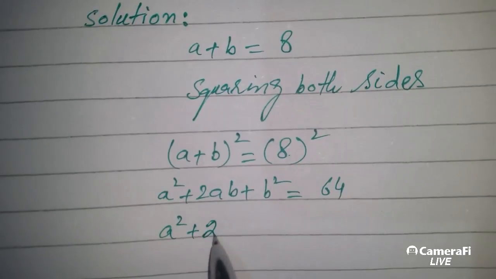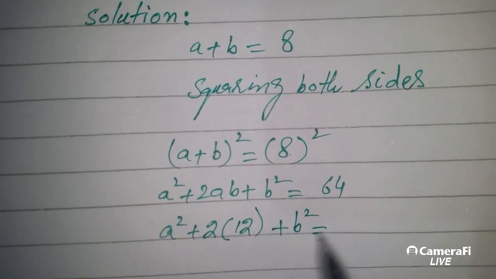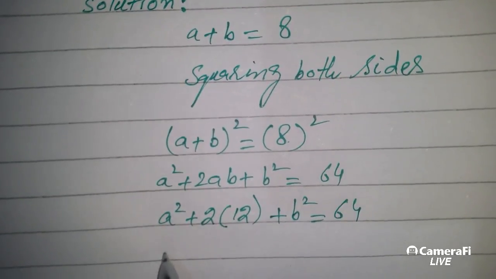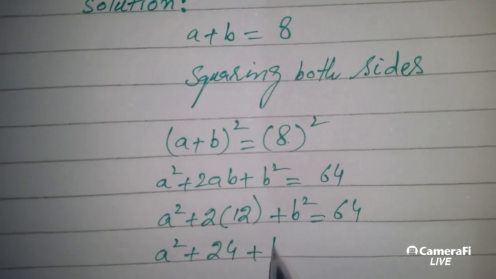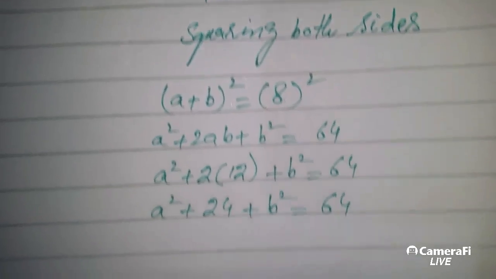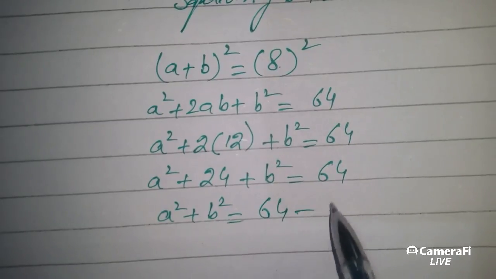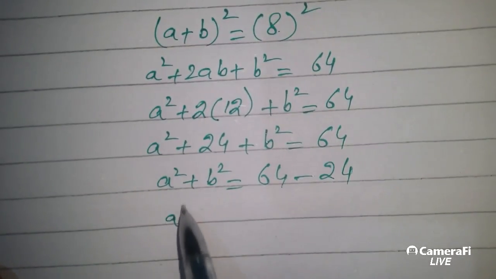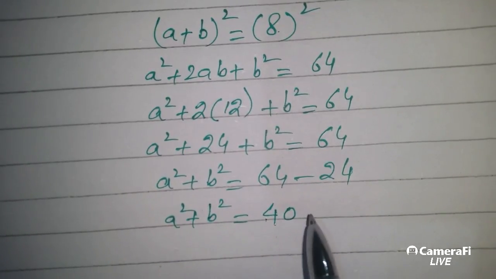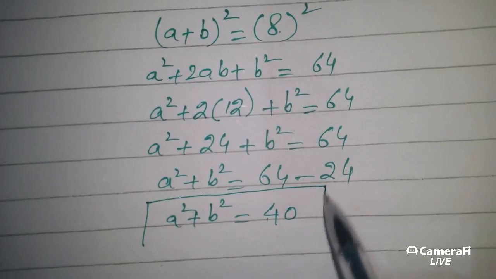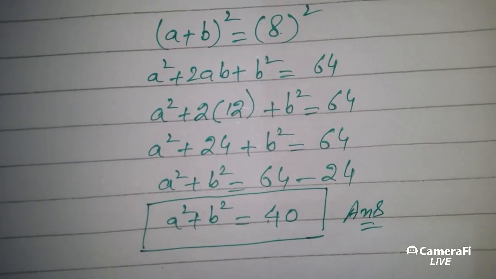A square plus 2 and ab, where ab equals 12, which is given. And this is the answer that we were looking for.